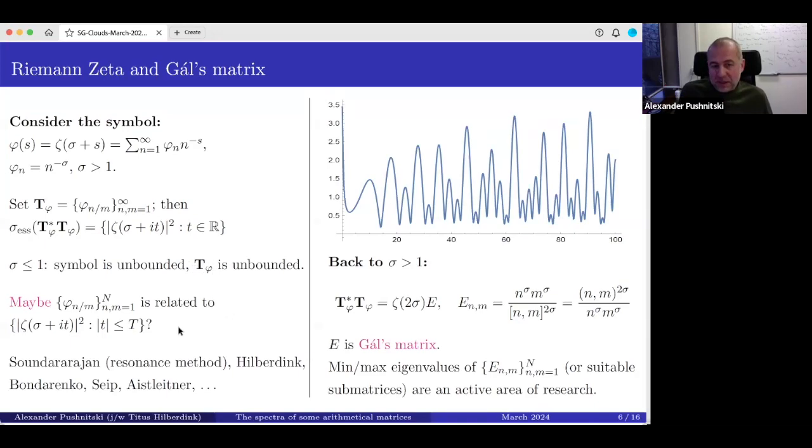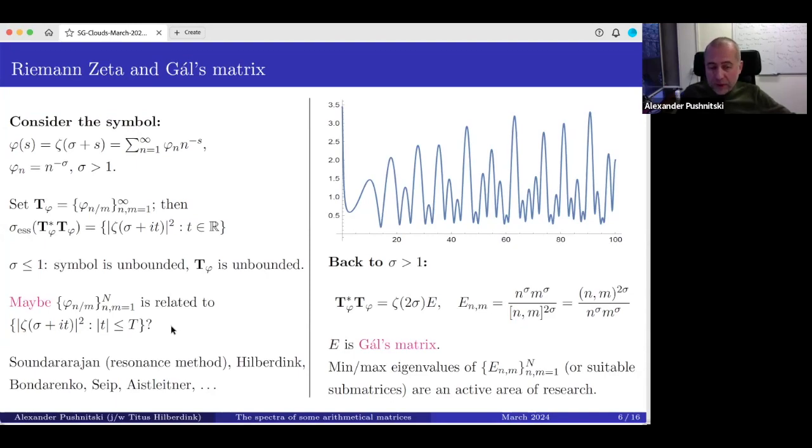Now, let's ask the question. Okay, both things are unbounded, but maybe the truncations of the matrix in some ways correspond to restrictions of zeta onto finite intervals. Maybe if T corresponds to N in some ways. This is kind of the idea that was hanging in the air maybe 10, 15 years ago, let's say.